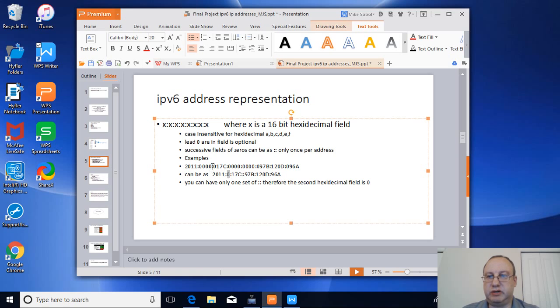So here's the representation of this part of the address, and you notice that the zeros are removed there as well because leading zeros are optional. Most computer systems default to the shorter form after you enter an IPv6 address.